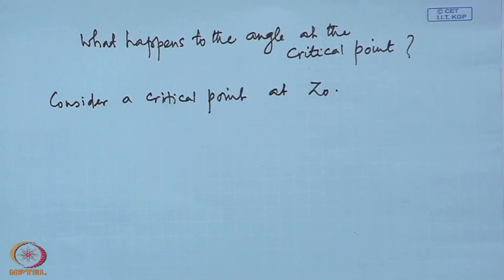Remember, at the critical point the function is analytic; a critical point is not a singular point. So, near the critical point we can expand the function in a Taylor series. Critical point is a point where the function is analytic.